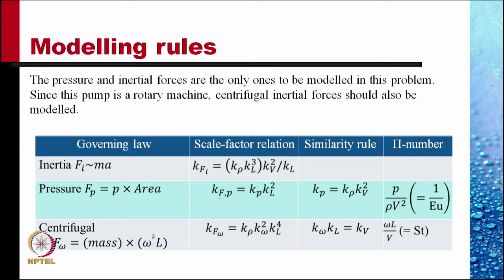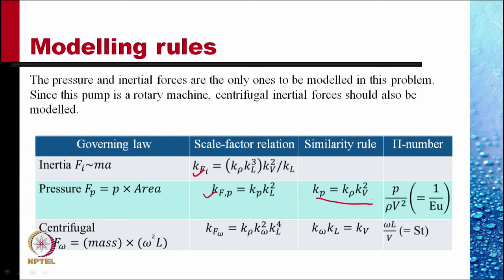The pressure forces would be pressure times the area. So the scale factor of pressure force would be Kp, the scale factor of pressure, times that of area, which is KL square. Matching these two, this should be equal to this, and that gives us Kp is equal to K rho times Kv square.